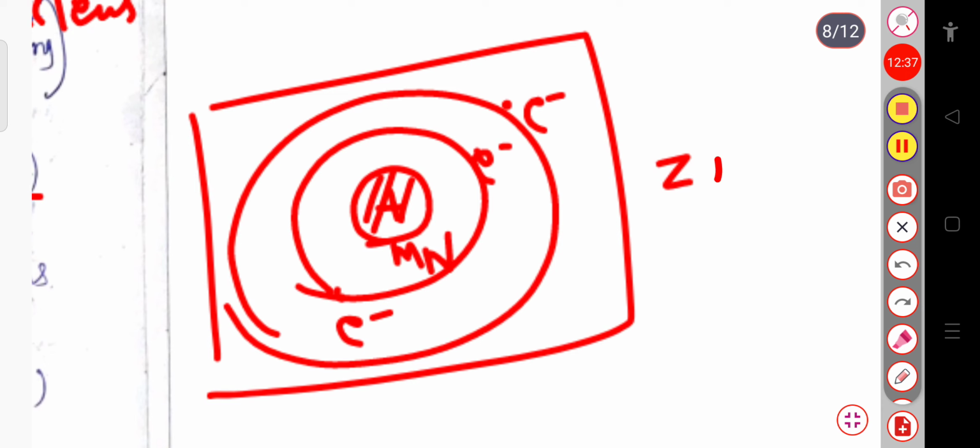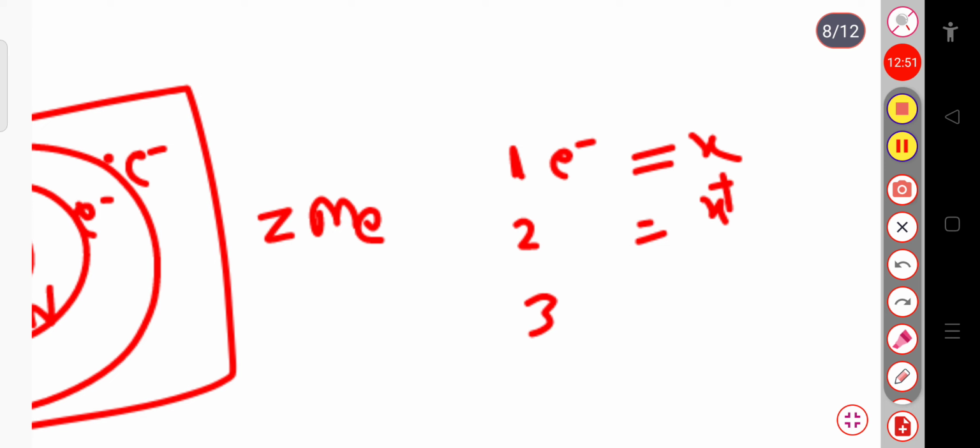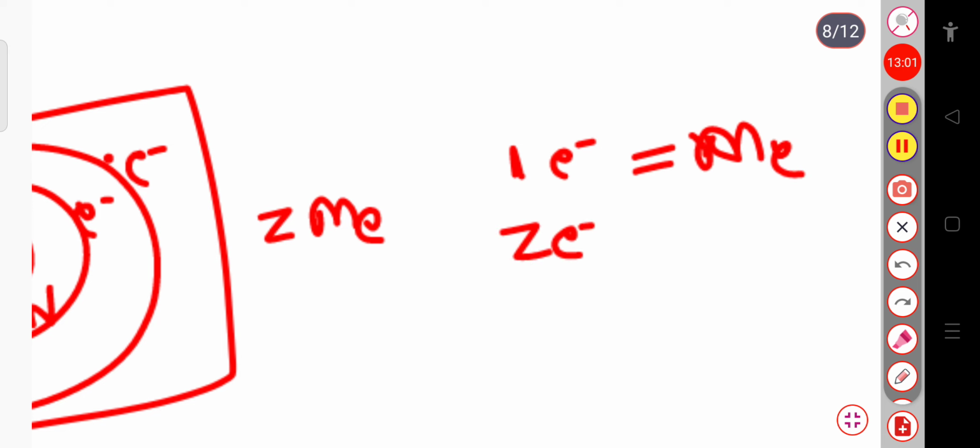If you consider one electron has mass x, and a second electron also has mass x, then you have to add x plus x, and for the third electron again add the masses. Instead of doing this, for Z number of electrons, if one electron has mass Me, the mass will simply be Z into Me.